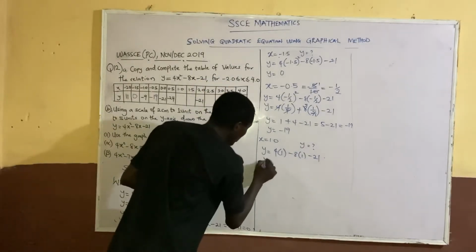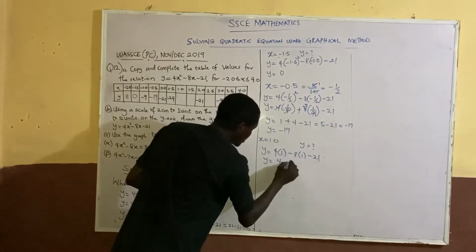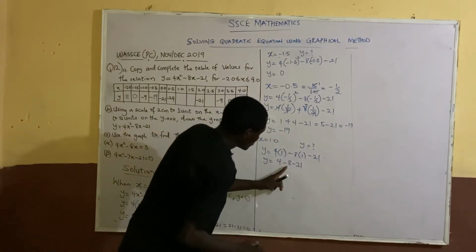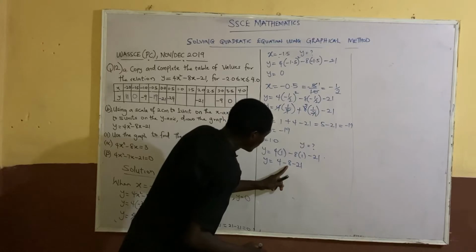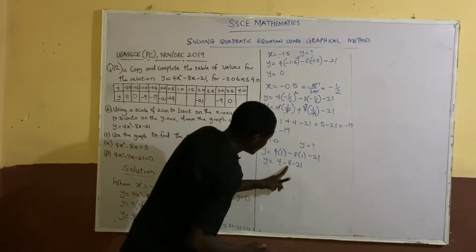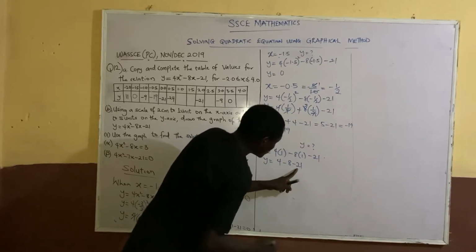So we have y equal to 4 times 1 is 4, minus 8 minus 21. Now 4 minus 8 will give you minus 4. Minus 4 minus 21 is going to give minus 25.